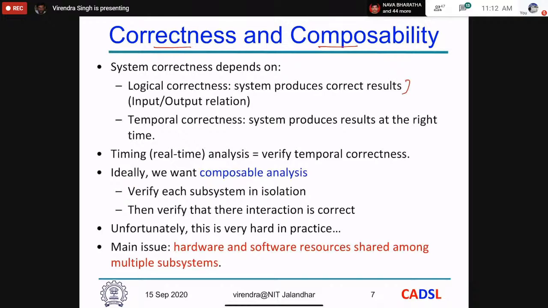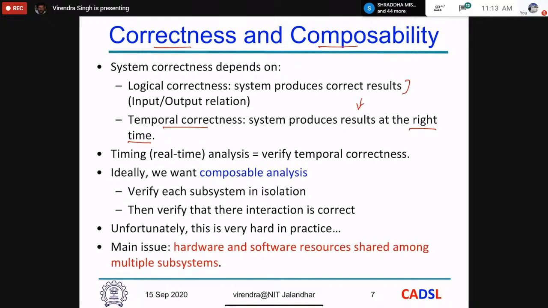The other one is the temporal correctness. That means your system should produce the correct result at the right time. The time is also very important. So it's not only that a system should give me the correct result, but the system should give me the result at the right time. So maybe you can see that in the sequence, the logical correctness comes first.